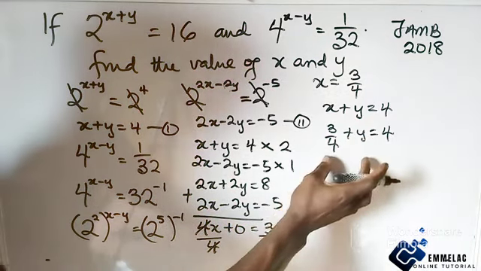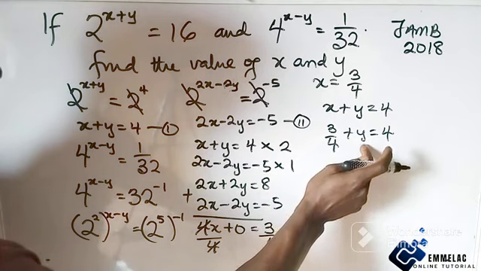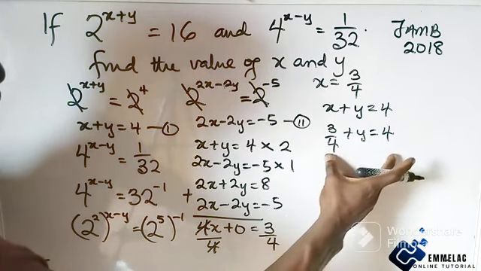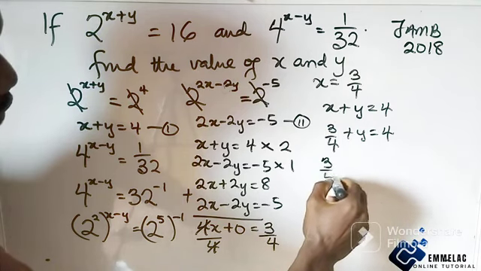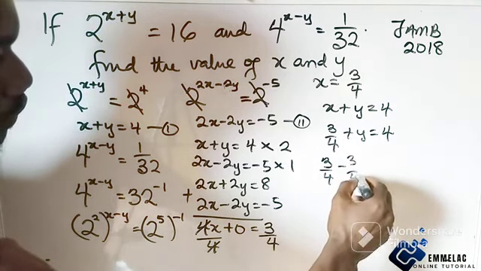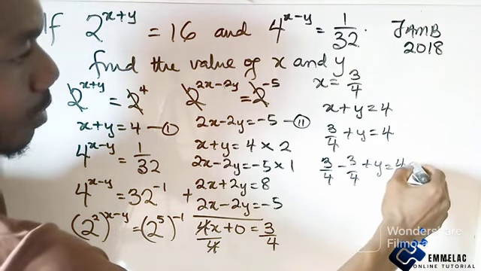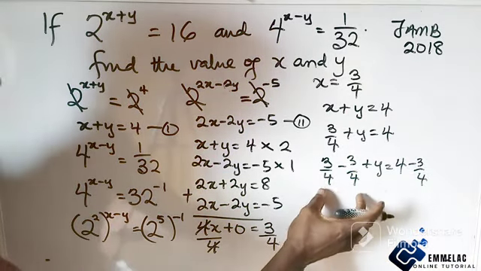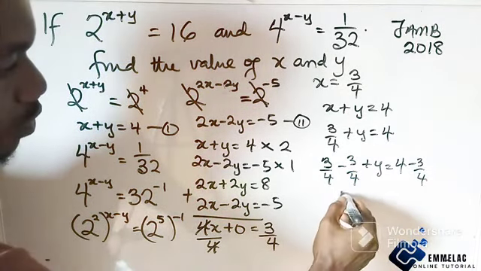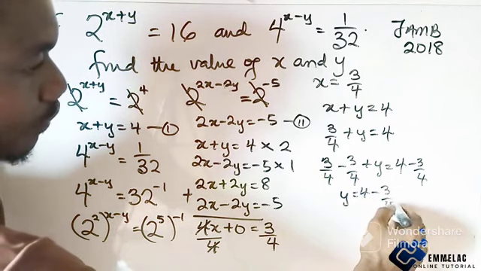For us to make y the subject of the relation, let us subtract 3 over 4 from both sides. So here we have 3 over 4 minus 3 over 4 plus y equals 4 minus 3 over 4. So we can cancel out this. Here we are left with y equals 4 minus 3 over 4.